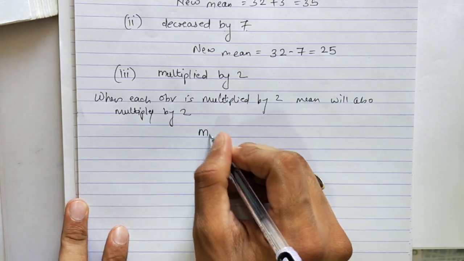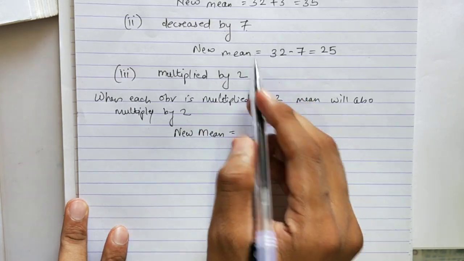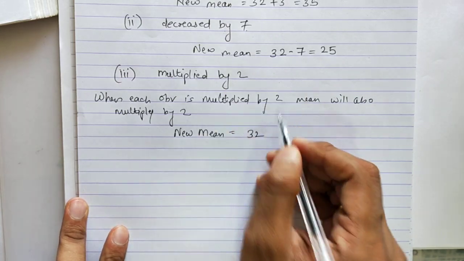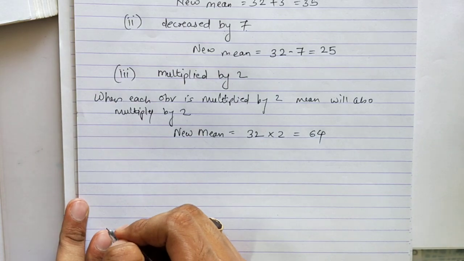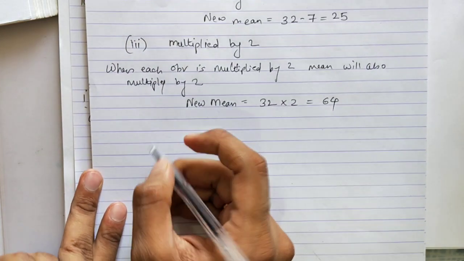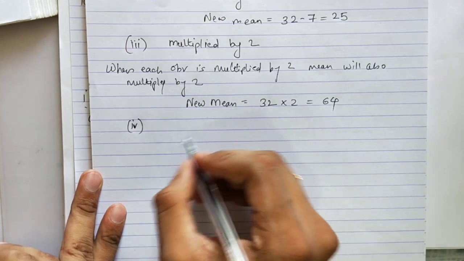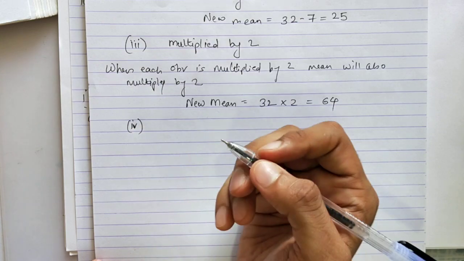So the new mean is, the old mean was 32, old mean is 32 always, multiplied by 2. So just multiply the mean by 2, your answer is 64. Okay, so very easy. Whatever arithmetic operation is given, you have to perform that operation on your mean.